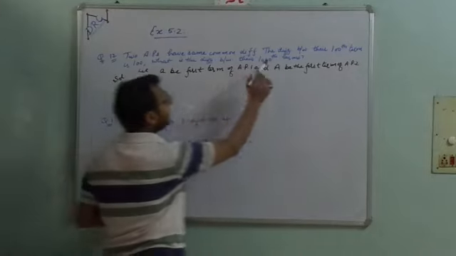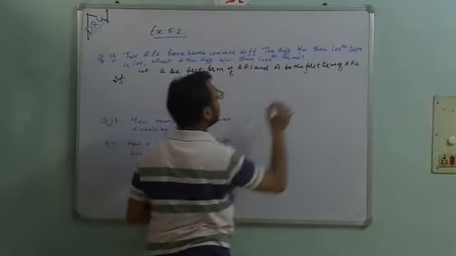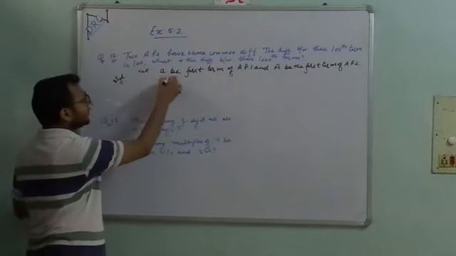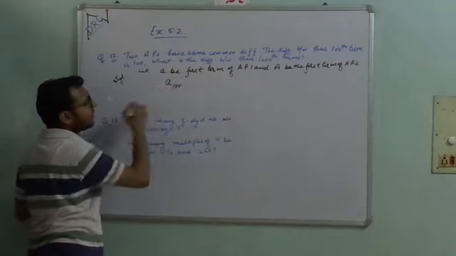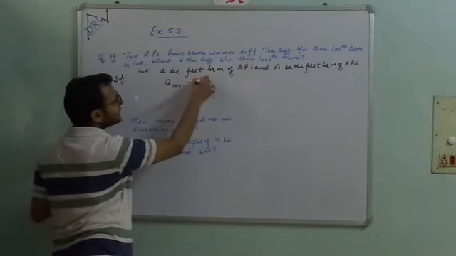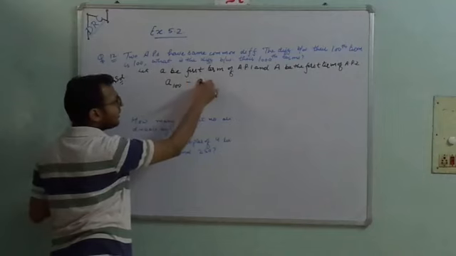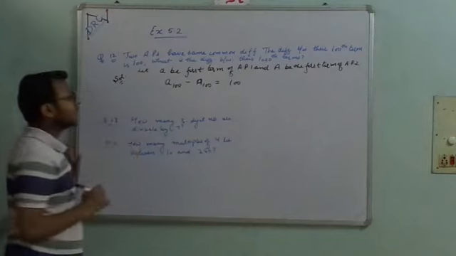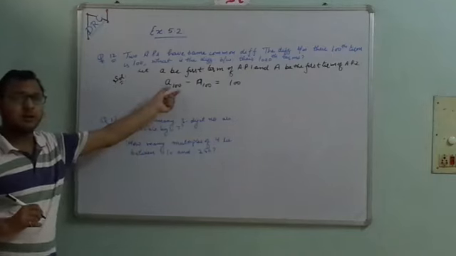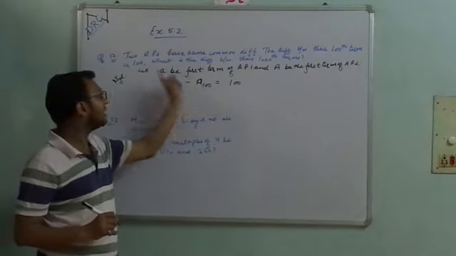So the next part is the difference between their 100th term. So A100 minus A100 is equal to 100. It is given, na? The 100th term of the first minus the 100th term of the second is equal to 100.